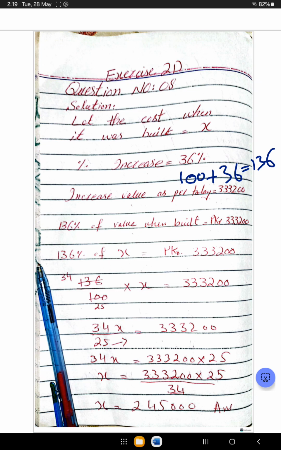Here when we cut it from the table of 34, 4 times 34 is 136 and 4 times 25 is 100. 34 over 25 x is equal to 3,33,200. 34x, here 25 is divided.